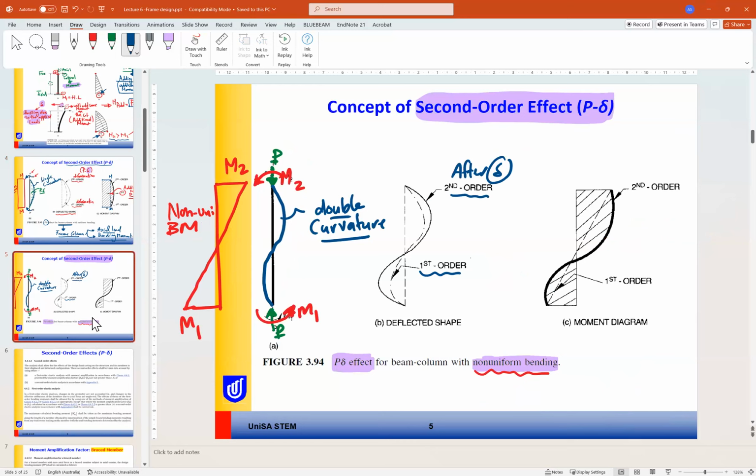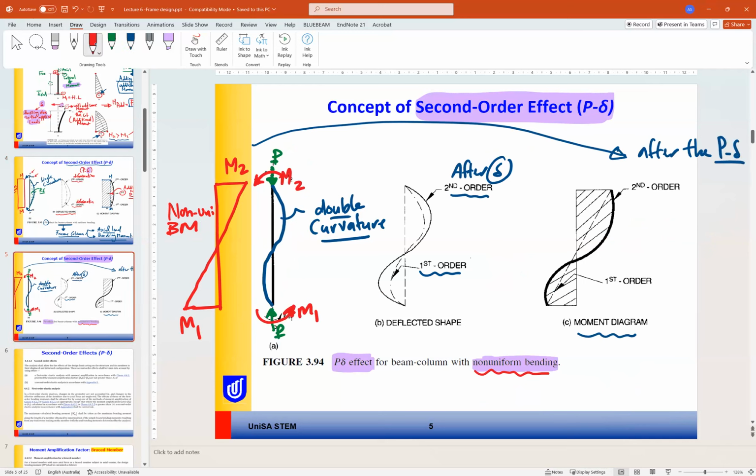So here, due to the buckling, how the moment will differ from here to here. This is the moment diagram after the P delta effect is considered. So the moment will be here as we have M2, here M1, and here is the initial shape of the moment.